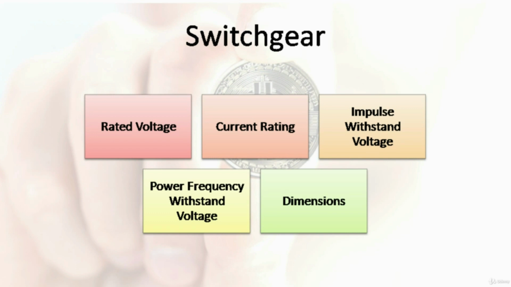Third, there will be the impulse withstand voltage, which is an indicator of the device's insulation to tolerate overvoltage resulting from external faults, such as lightning. Fourth, there is the power frequency withstand voltage, which is a measurement of the equipment's insulation strength to prevent overvoltage resulting from internal faults or switching.